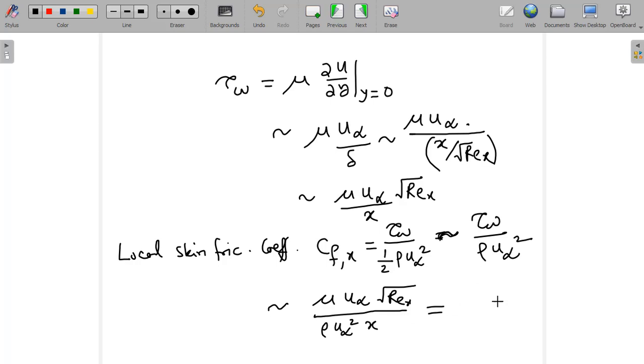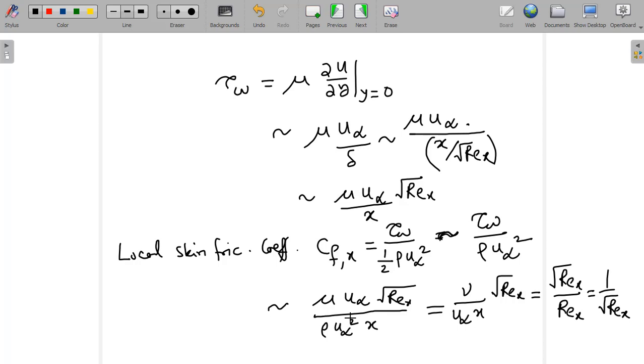If you simplify, mu by rho is nu, so we get nu by u infinity into x into root over Re_x, which is root over Re_x divided by Re_x, which is nothing but 1 by root over Re_x.